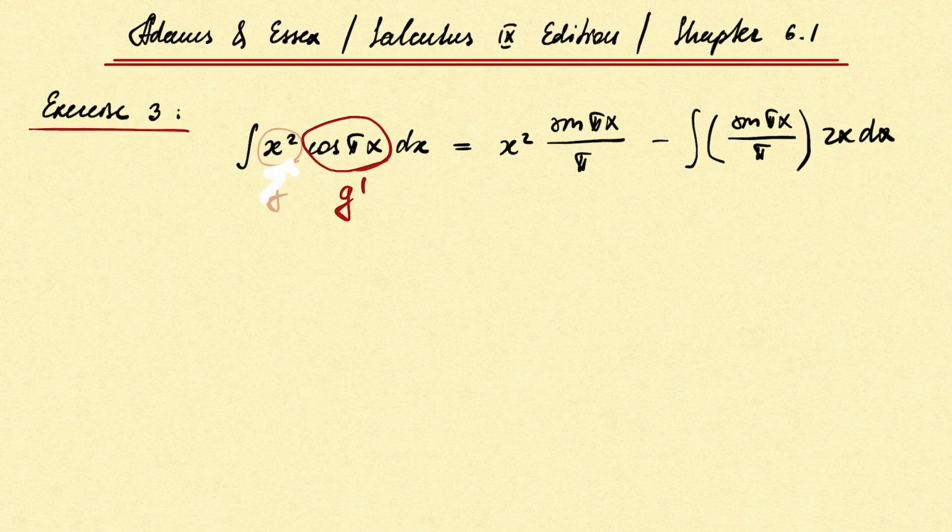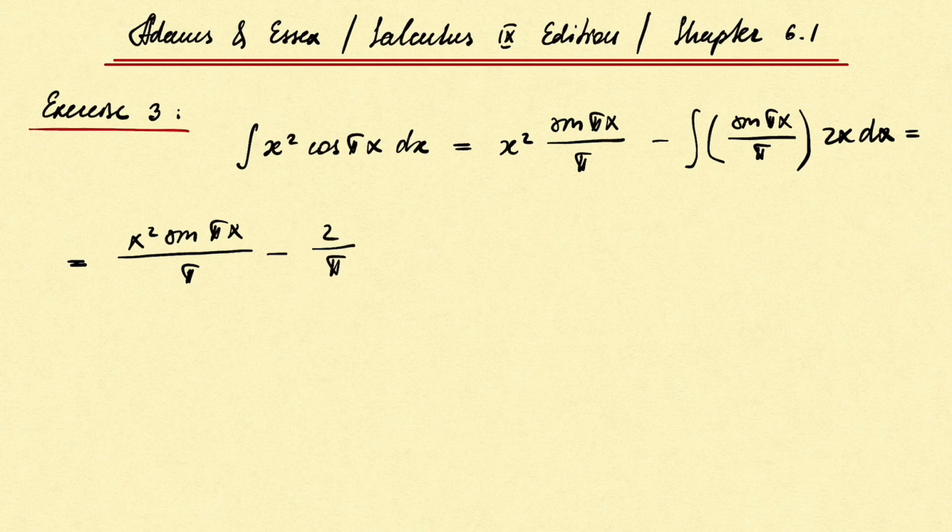Our next step, let's move towards the left a little. We write x squared sine of pi x over pi minus 2 over pi integral of what we have in the end, x sine of pi x dx.